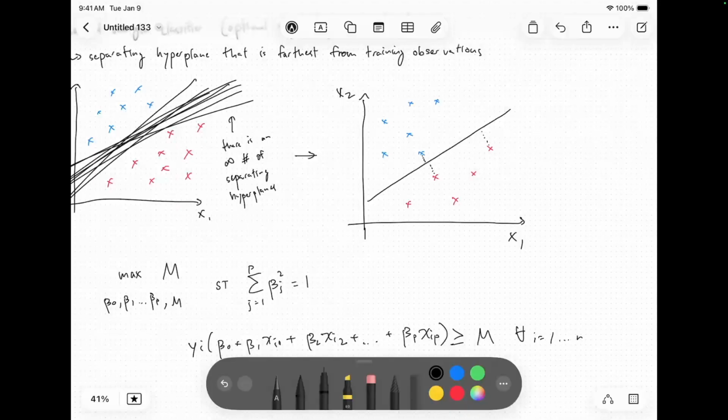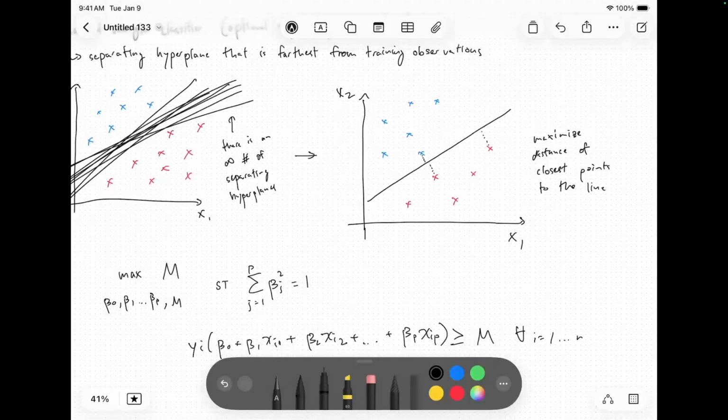The idea is you want to maximize the distance of the closest points to the line.